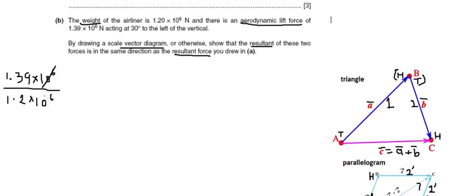The 10 raised to 6 and 10 raised to 6 will cancel out, and the value comes out to be approximately 1.6. Why are we going to calculate this ratio? Because this ratio is nothing but 1.6 divided by 1.